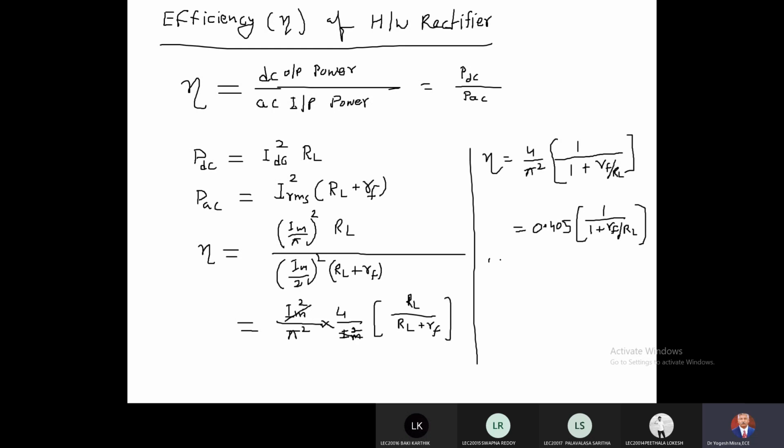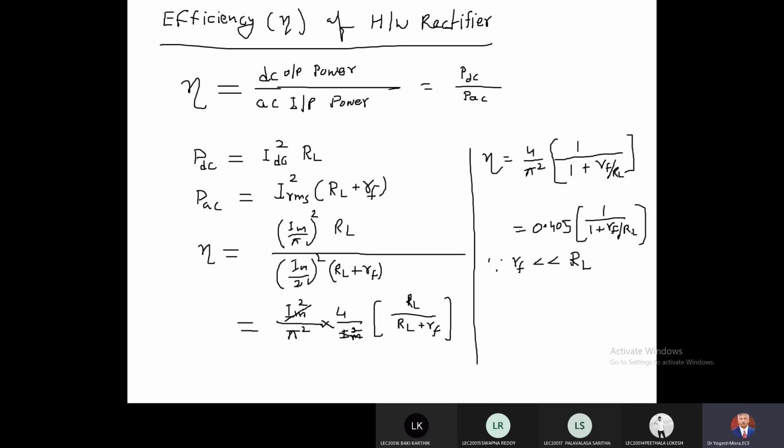Now, since RF is very much smaller than RL, already we know that the forward resistance of the diode is very small, in the range of 100 ohm, and RL is very high, in the range of 1K or 2K.